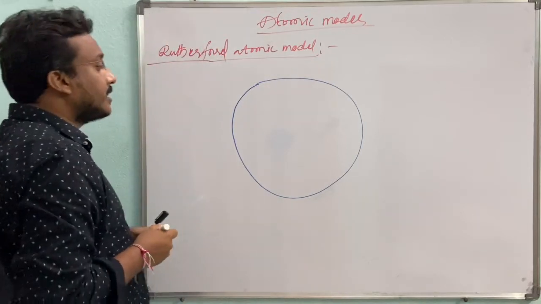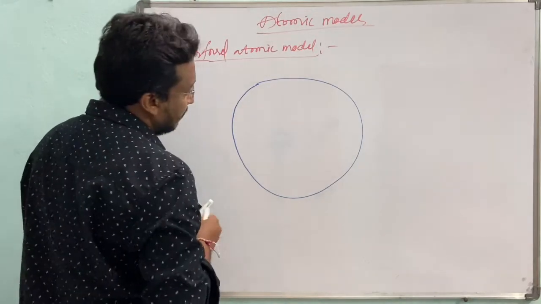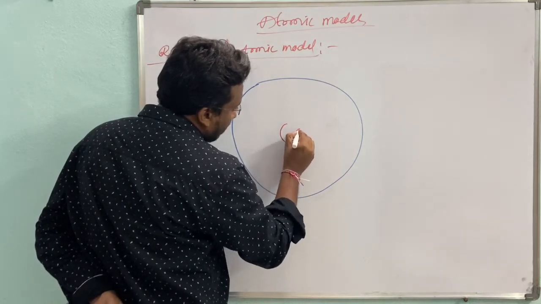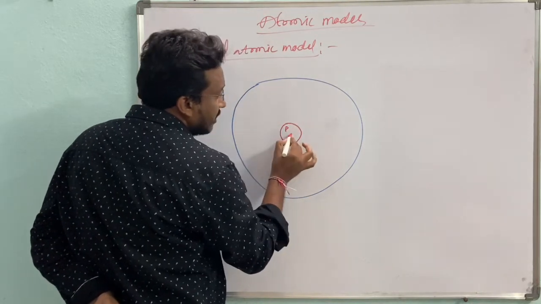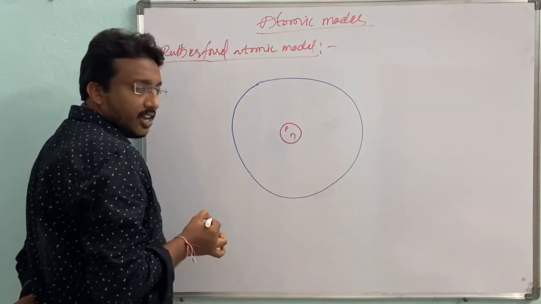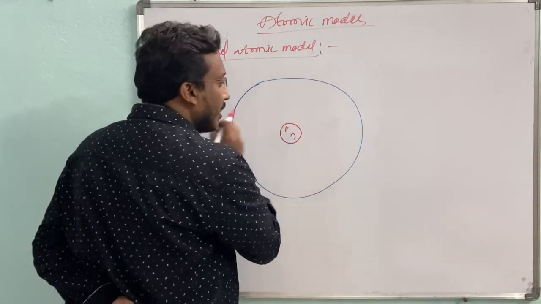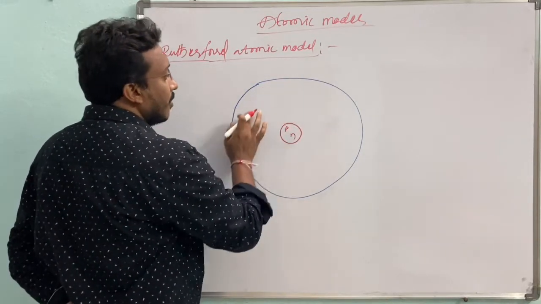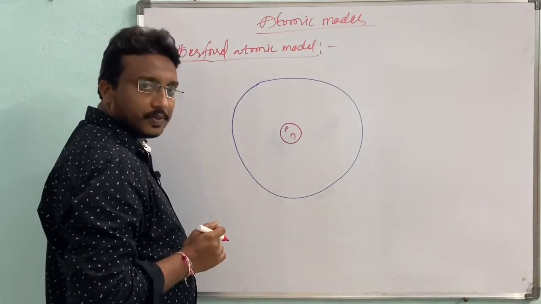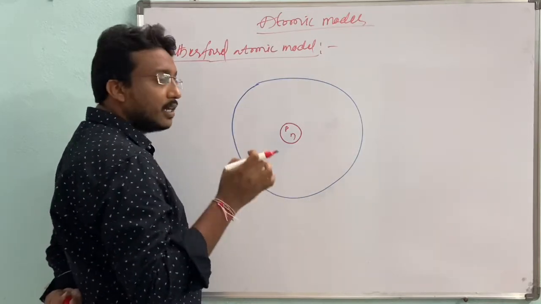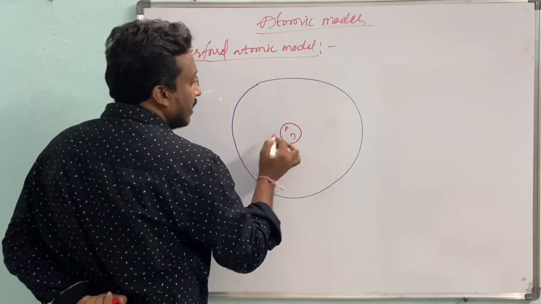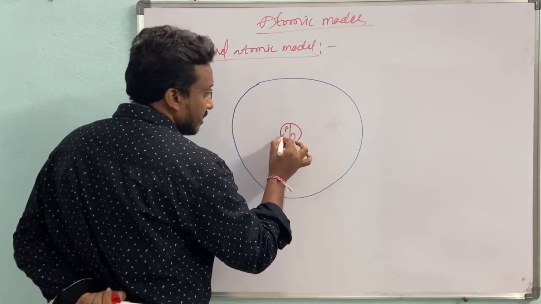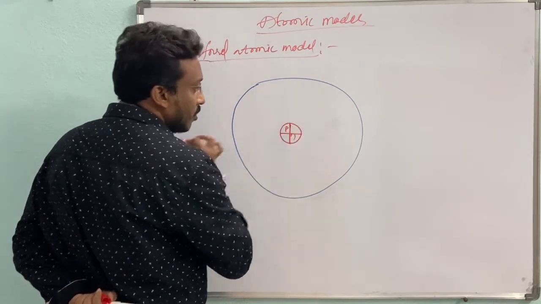At the center of the atom, the protons and neutrons together form a nucleus. He said that the atom is spherical in shape, and all the protons and neutrons together form a nucleus that has a positive charge.